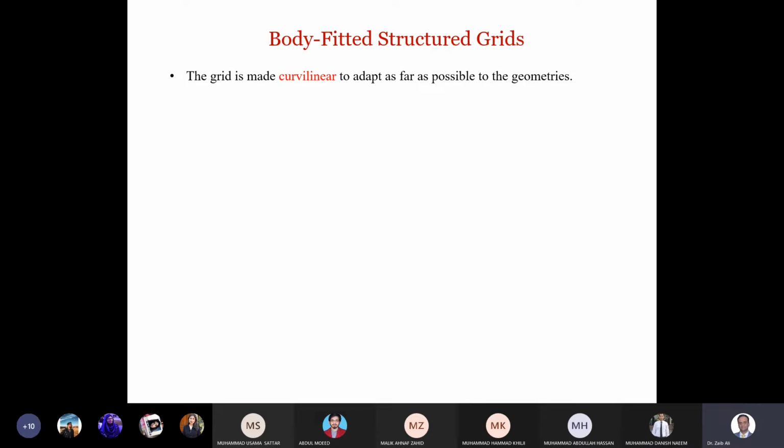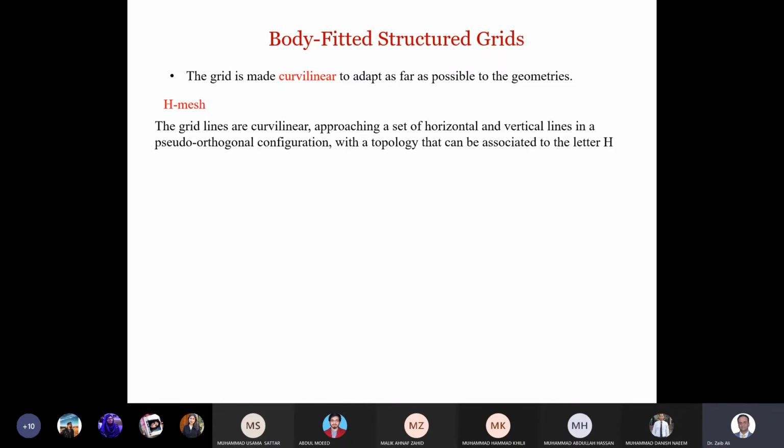Okay, so Cartesian mesh is one of the main categories within structured mesh. The other main category is the body fitted structured grids, which are more common in the CFD community. And the keyword here is curvilinear.